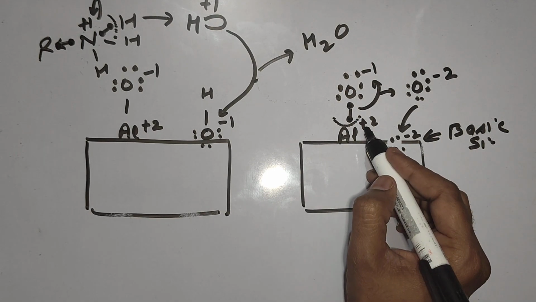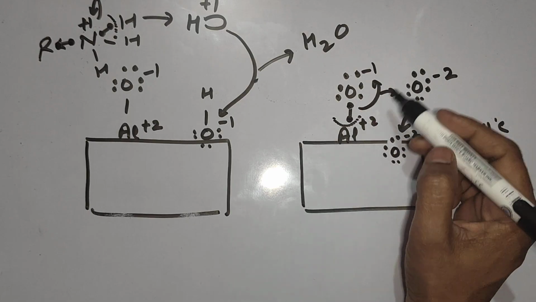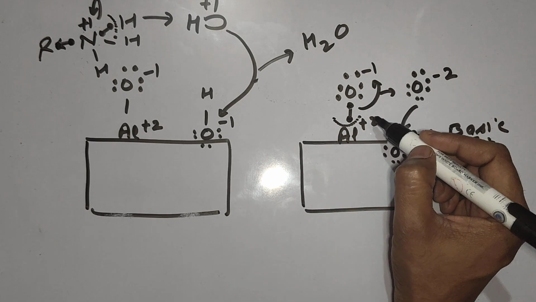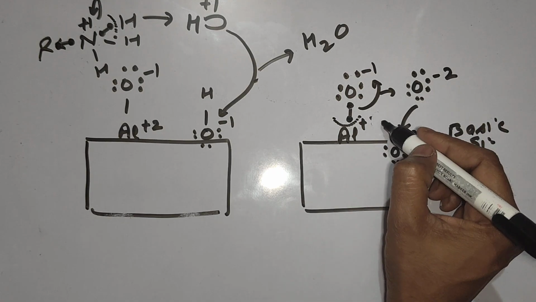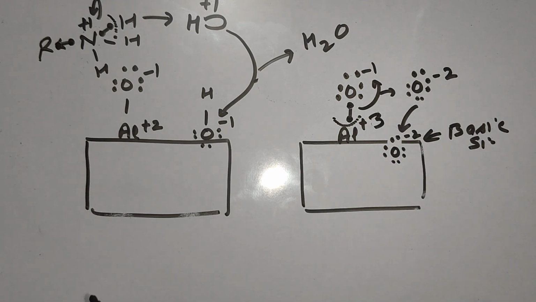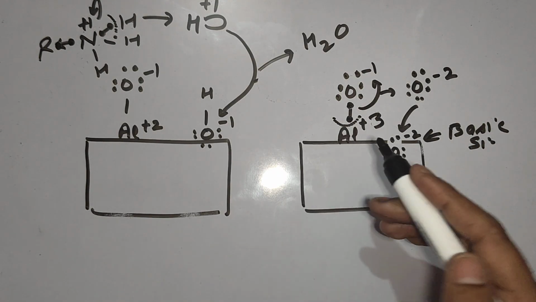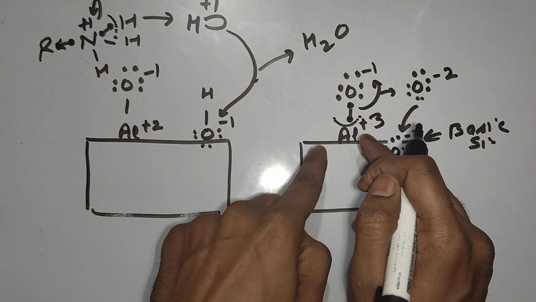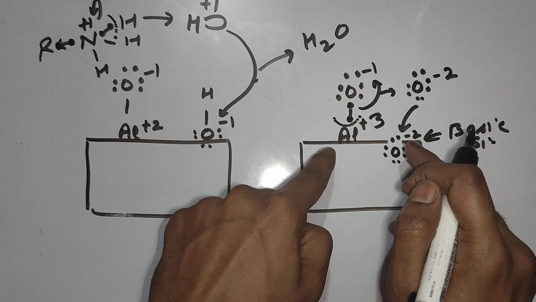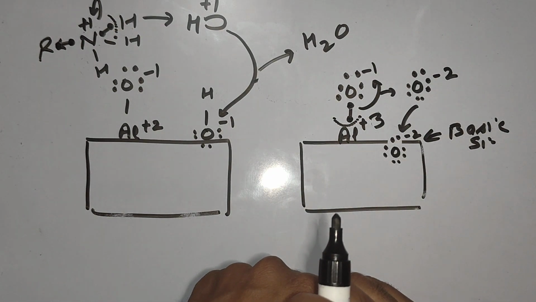And what about aluminium? When it breaks the bond from oxygen, that electron will go with oxygen. So again the aluminium charge will become plus 3. So our catalyst will become its original condition. Al carrying plus 3 charge, oxygen carrying minus 2 charge.